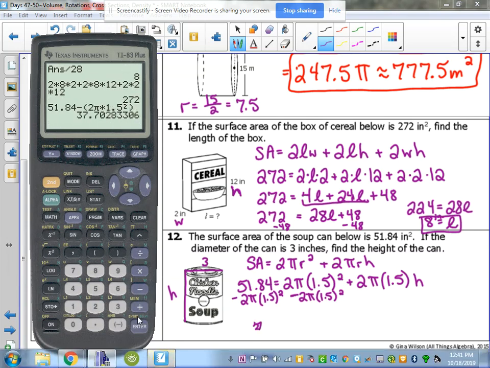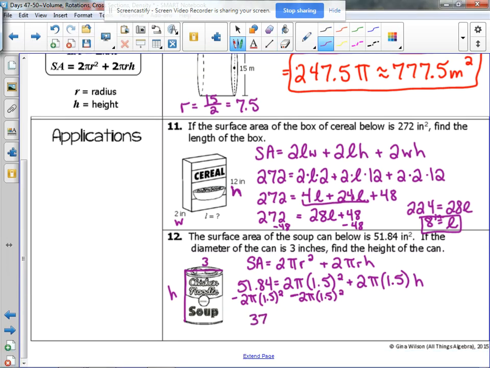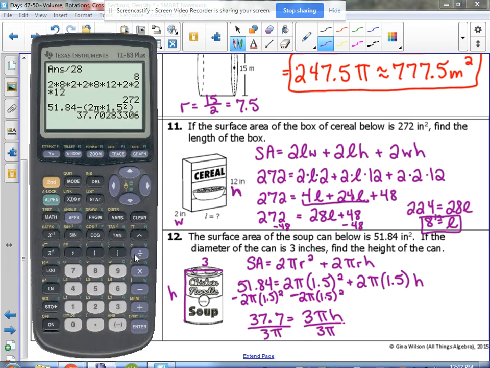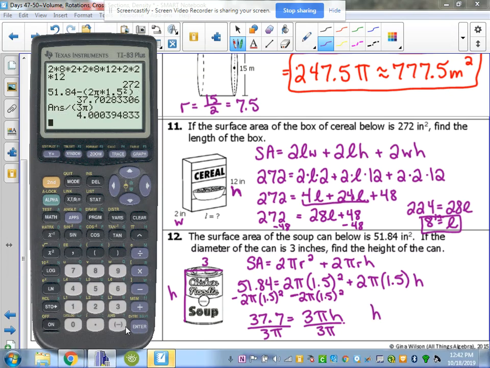Okay, so 37.7 is equal to 2 times 1.5 is 3, so 3 pi times h. So then we divide by the 3 pi. Now, look at what I'm doing in my calculator. Make sure you put parentheses around that 3 pi. So h is, it's not exactly 4, but it's pretty close to 4.